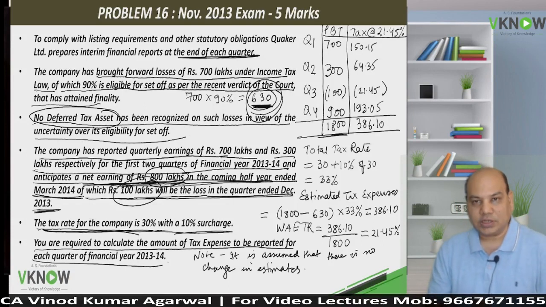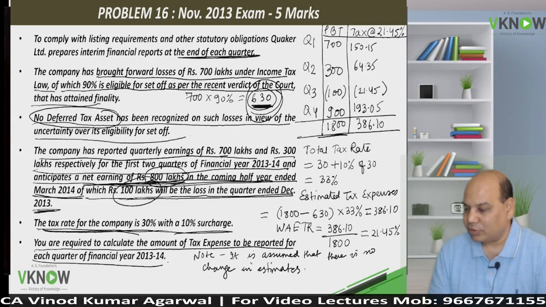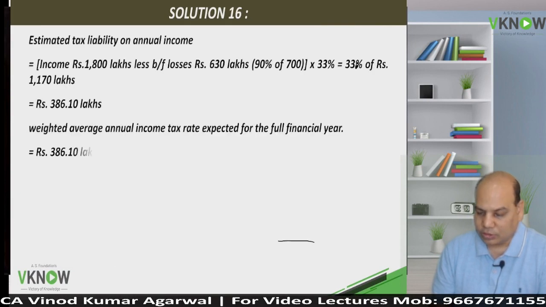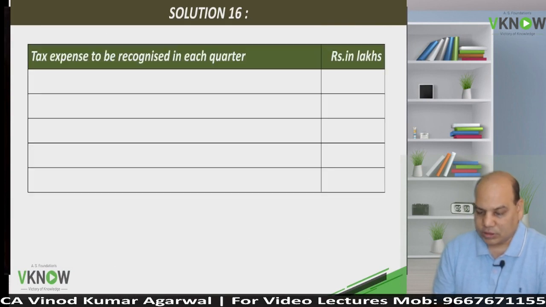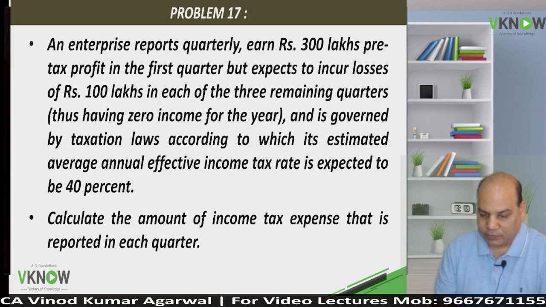So whatever estimates have been made, including income and the deductions, everything will remain same for the whole year, and this would be your estimated tax expense for each quarter. So you can read the answer on your own. The answer is printed. Good student will today solve it as homework.